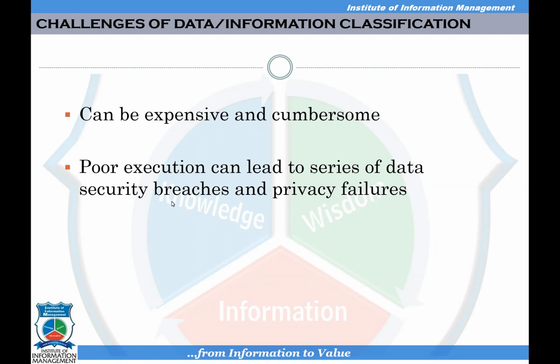Poor execution can lead to data security breaches and privacy failures. Today, it is very hard to see our own websites in this part of the world make sure that data privacy is followed to the T. Therefore, every organization must have a data privacy policy.